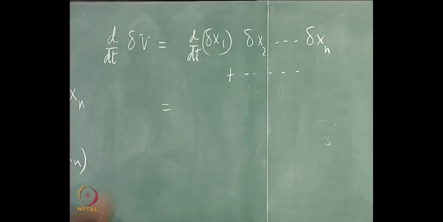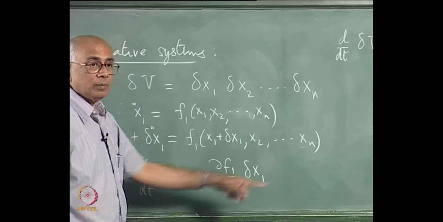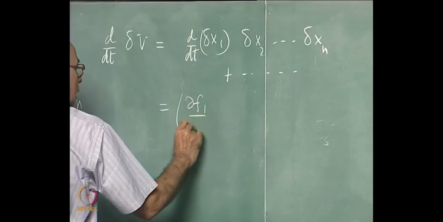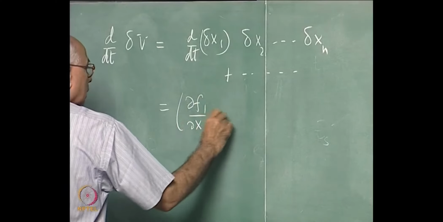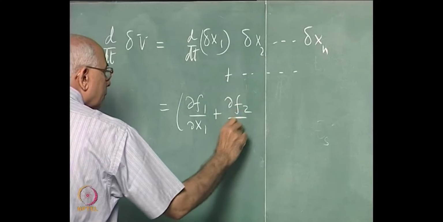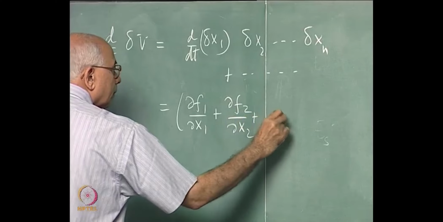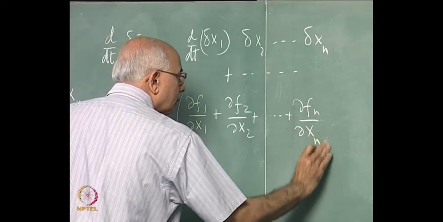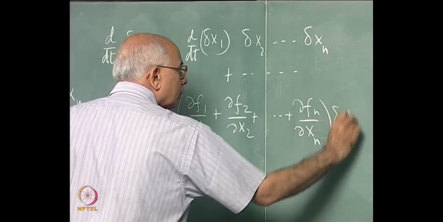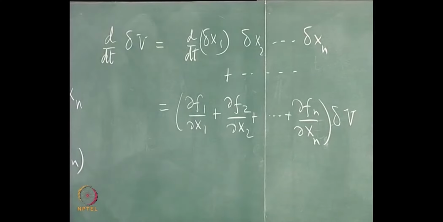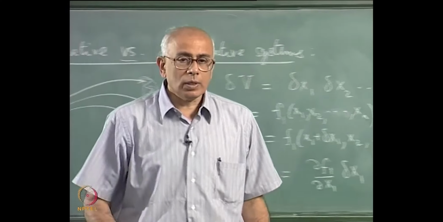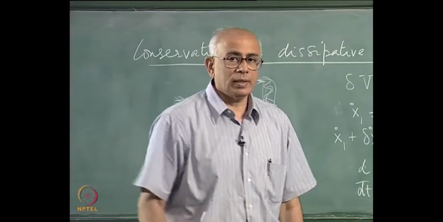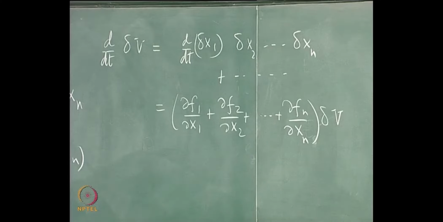But that becomes equal to, when I plug this in and similar terms, delta f1 over delta x1 plus the other such terms, times delta V itself, because what comes out as a common factor is just the product delta x1 delta x2 up to delta xn, and that is just delta V.